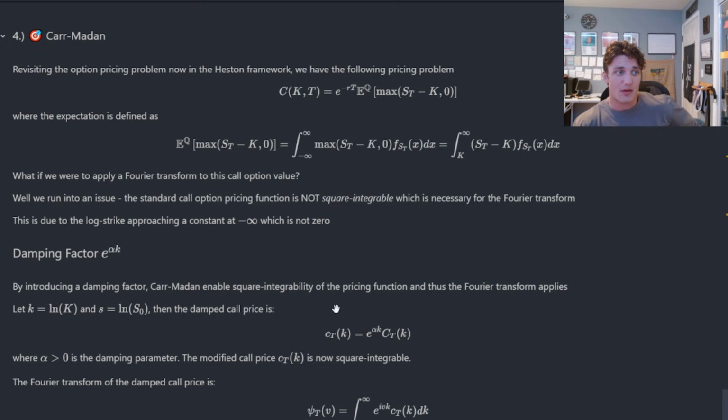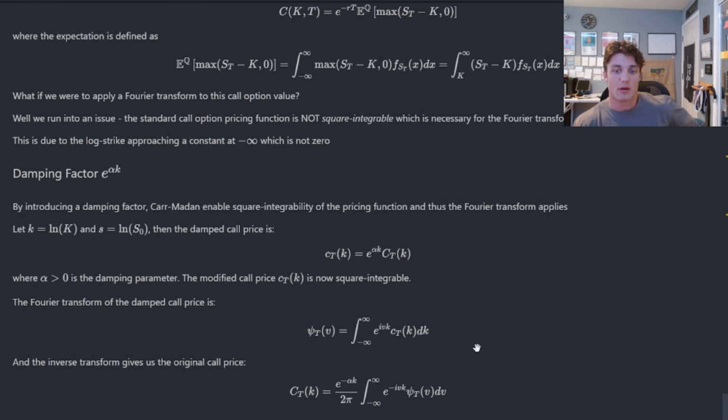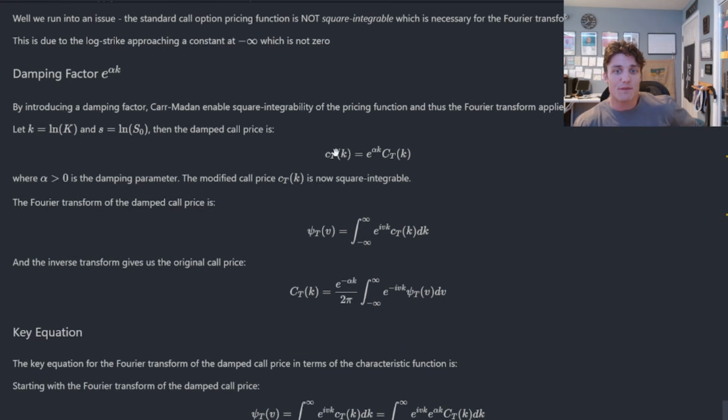How does that help? Well, I can apply the Fourier transform now. So I have this modified call price, which is damped by this damping factor, and I can apply the Fourier transform. So if I can apply the Fourier transform, then I can apply the inverse Fourier transform. Time to frequency, frequency back to time. That's all that I'm doing here.